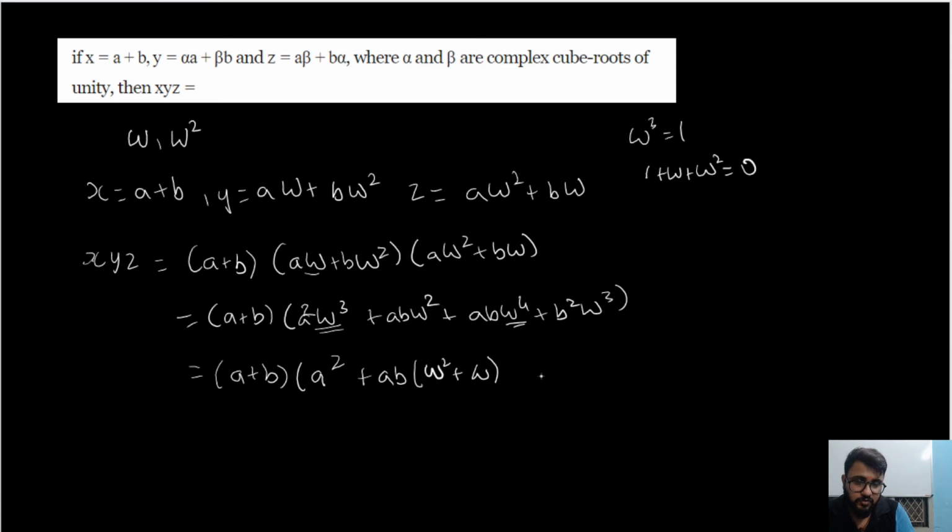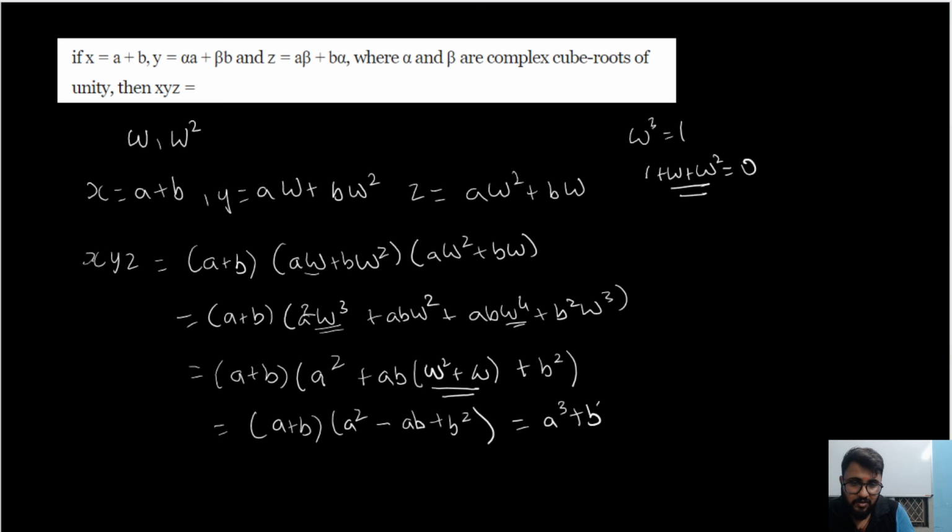Omega cube is 1, so it's just omega, and this is just b square. And what is omega square plus omega? Omega squared plus omega will give me minus 1, which is equal to a plus b. So if this is minus 1, you will have minus ab plus b square, and this is of the form a cube plus b cube, which is the answer.